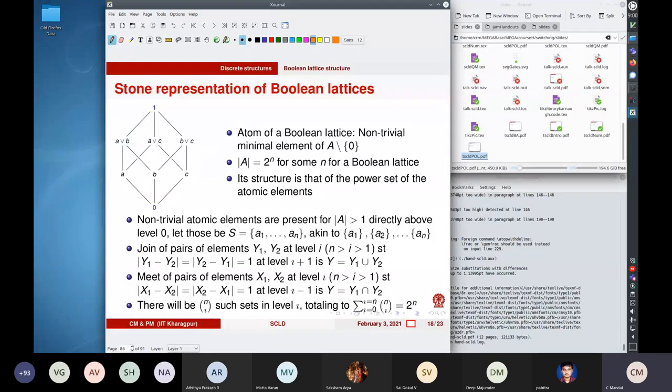In case of a power set lattice, the only difference is that if you consider these as sets, this is just replaced by the union of these sets.